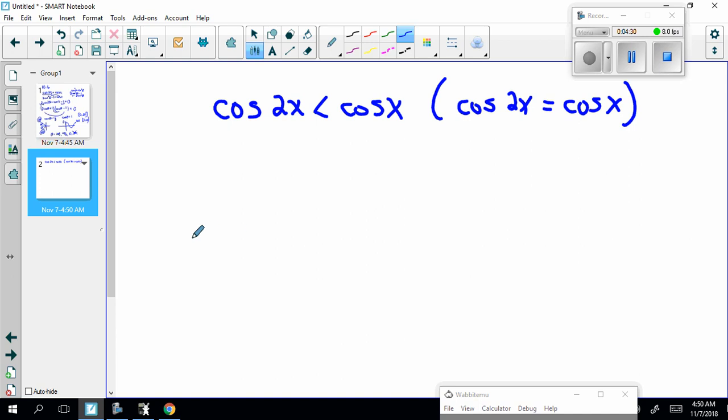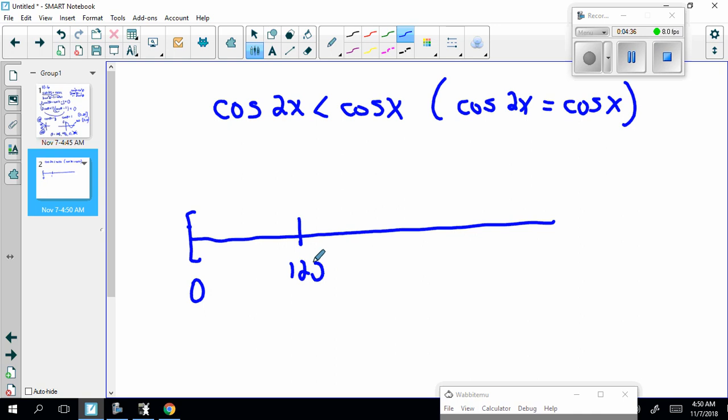And we know this happens at 0, at 120, at 240, and technically at 360. I could use radians. Now you pick your favorite angle. I'm going to pick 90.